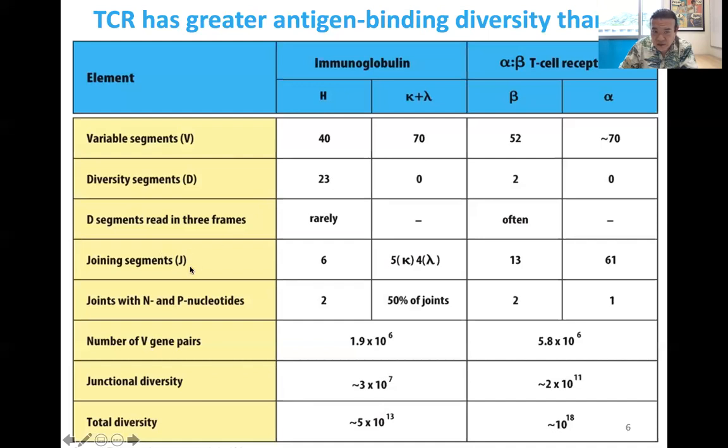But really, if you go down to the J blocks, right, these are the joining segments here, you'll see there's way more of these, what would have been in the cartoon yellow blocks, in the T cell receptor gene loci, compared to, I don't know, this is saying there's like 15 or so different J blocks, okay? When you take that into consideration, and remember, it's still VDJ recombination, so you have the big oven mitt choosing a red, a yellow, a green block, putting it together, and then the loop of rope is cut, right, and then the ends of the rope, the DNA that's been cut, has to be joined together through random DNA bases that are being added, right?